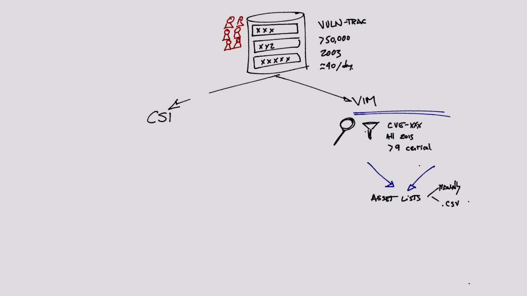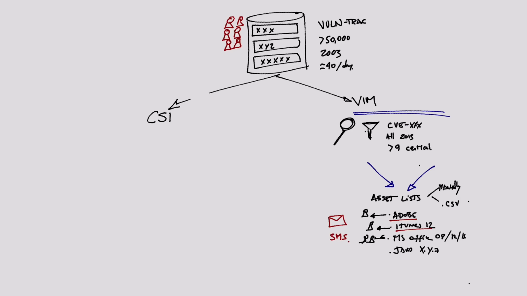And these asset lists are basically, well, I care about Adobe products, and I care about iTunes 12, and maybe about Microsoft Office 08, 12, and 16, and Java any flavor, x.y.x. So you create these asset lists and you assign them to people that are interested in this information, the server guys, the Unix guys, etc. So from now on, these people will receive notifications when there's a new vulnerability on these products, and that will be either via email or via an SMS.